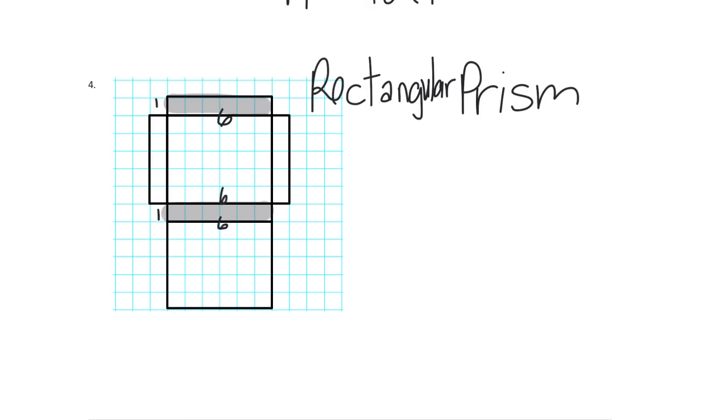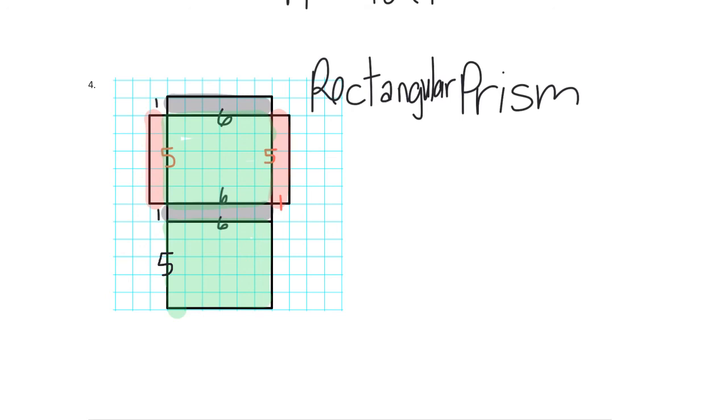Now, I look at the other ones and they look really close, but once I look a little bit closer, I can see that these are not 6 by 1, they are 5 by 1. And then our large ones, these rectangles right here, are 5 by 6.